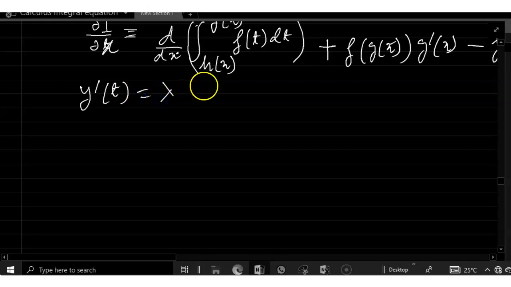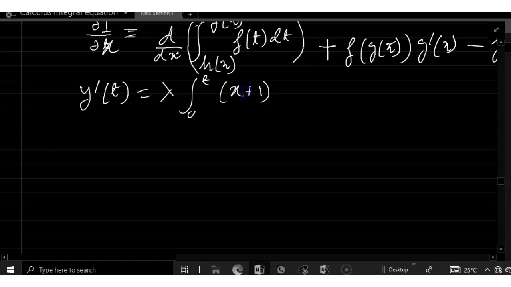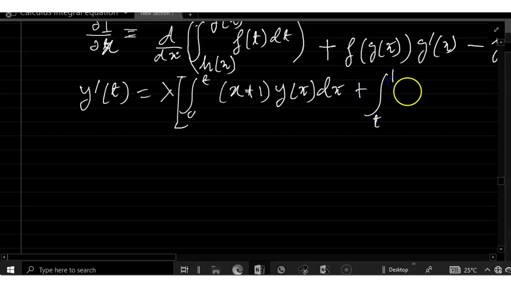Now y dash t can be written as lambda 0 to t x plus 1 into yx dx plus t to 1 x yx dx.